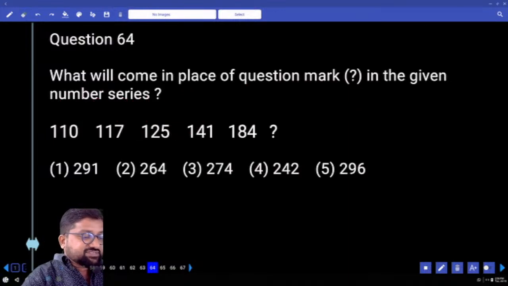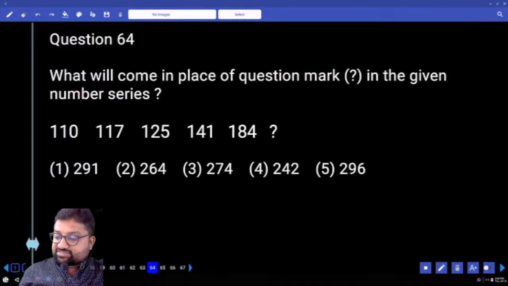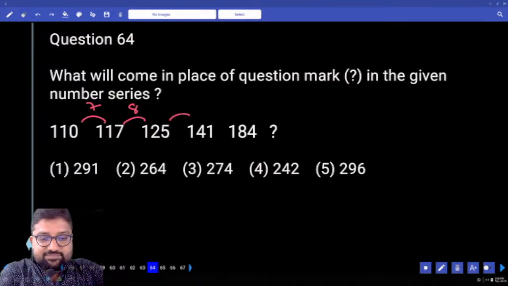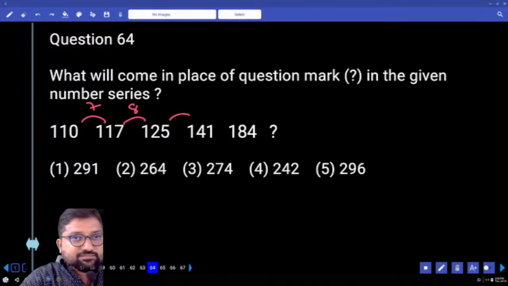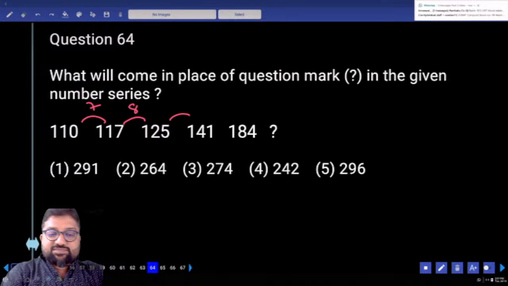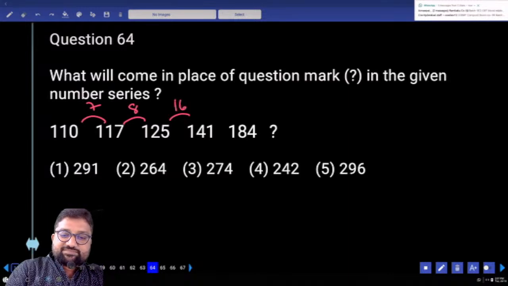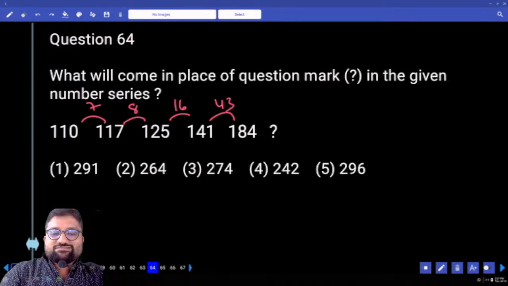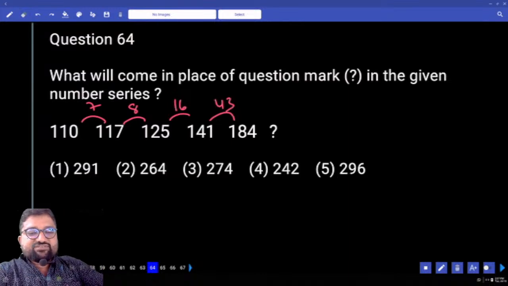Shall I go with the differences here? How much is the difference? 7. Come on. 8? Next, 7, 8, 16. Come on. 43. 7, 8, 16, 43.